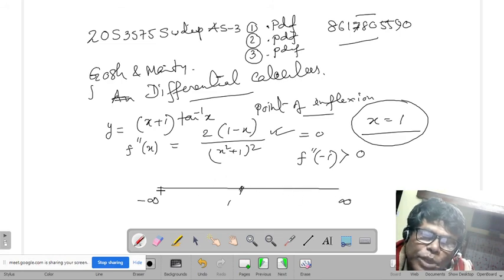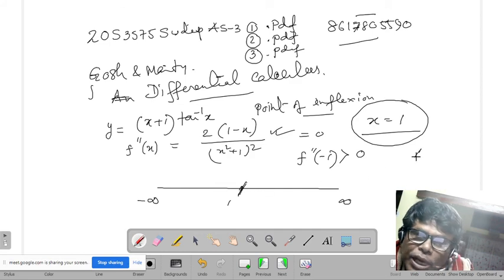So in this region it is concave, and in this region it is convex, and this is the critical point. Second order critical point means point of inflection.